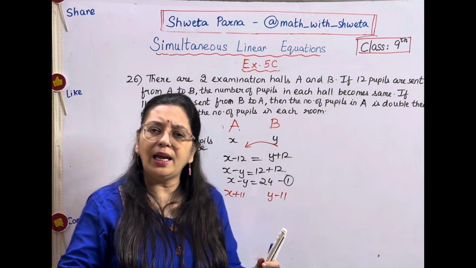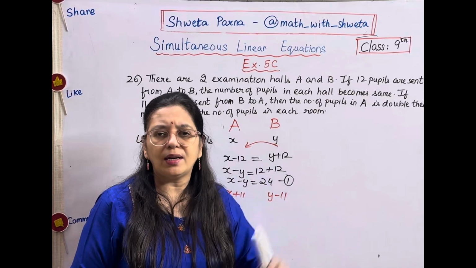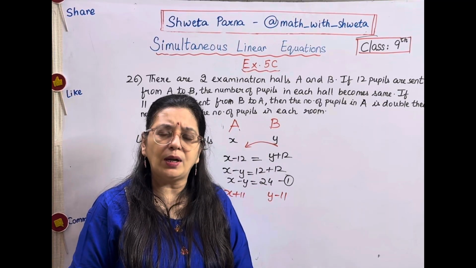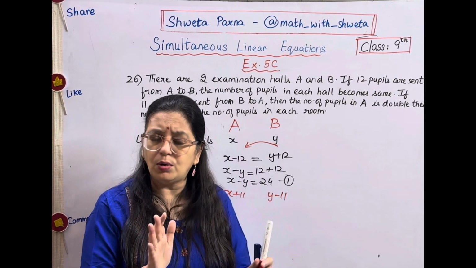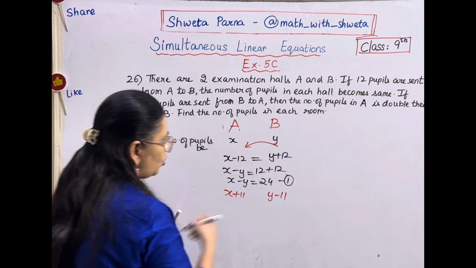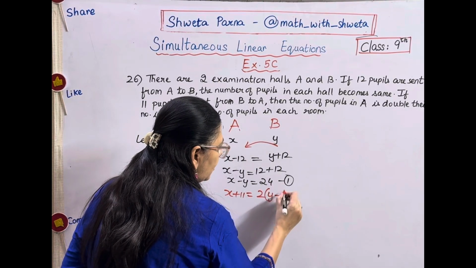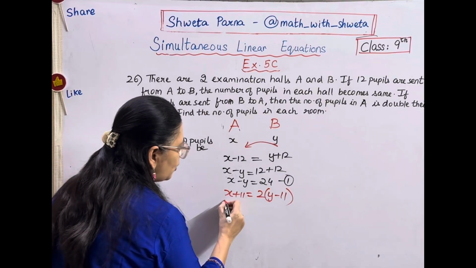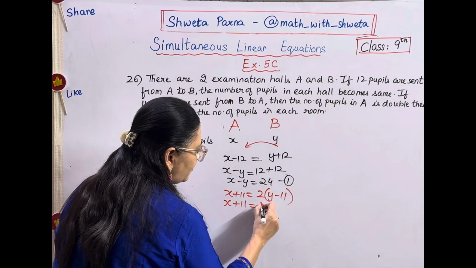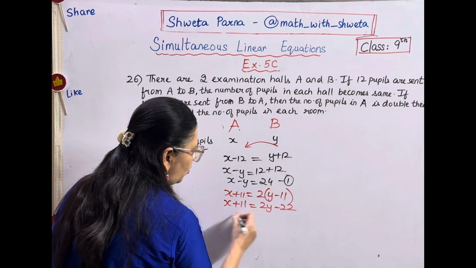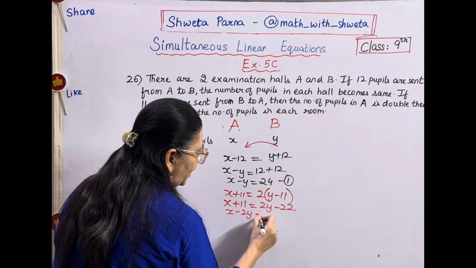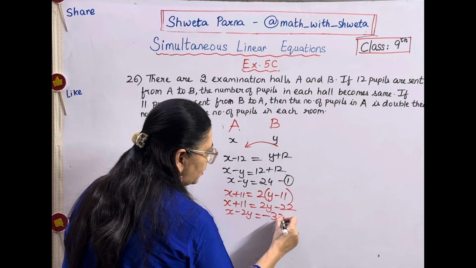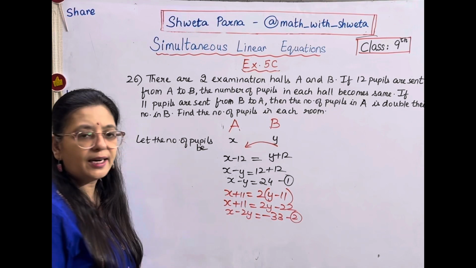For example, in A there are 20 students, in B there are 10 students. How will you make it equal? You will multiply B with 2. Same thing you will do here. You will multiply this with B. So this equation would be X plus 11 is equal to 2Y minus 22. X minus 2Y is equal to minus 33. This is your second equation.